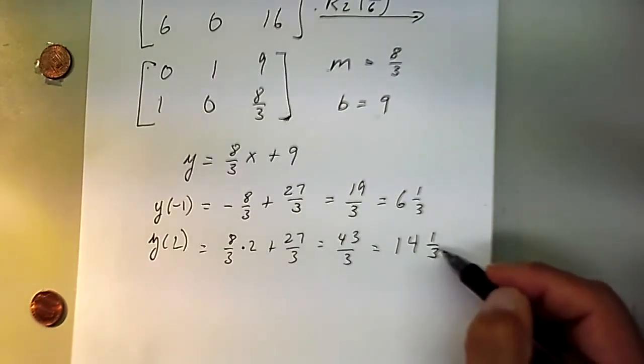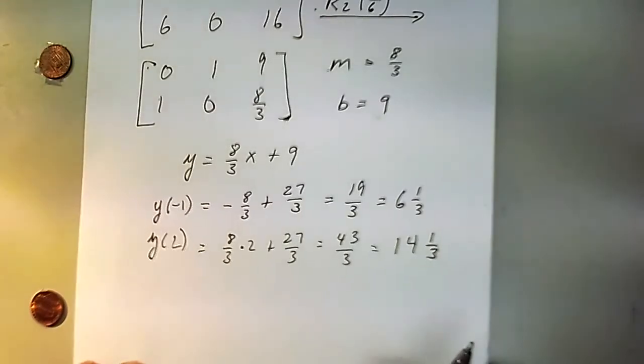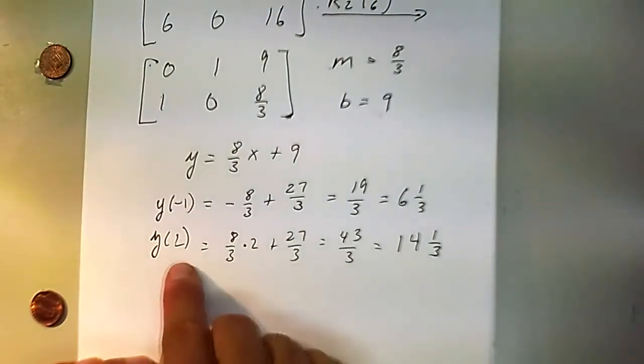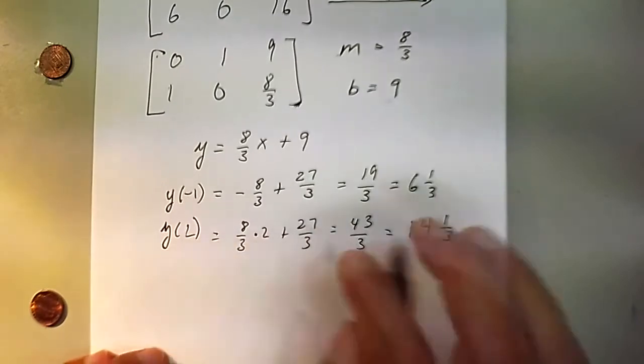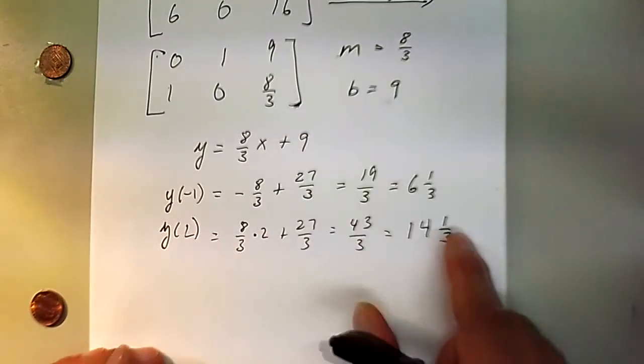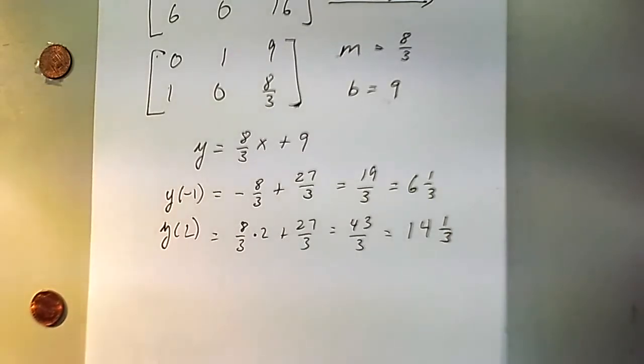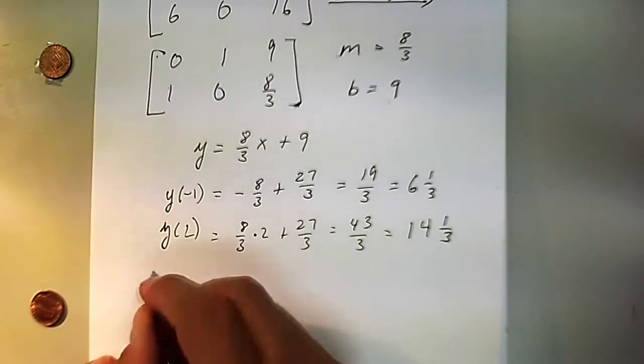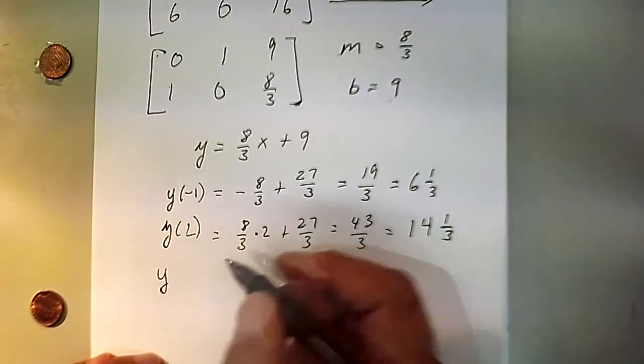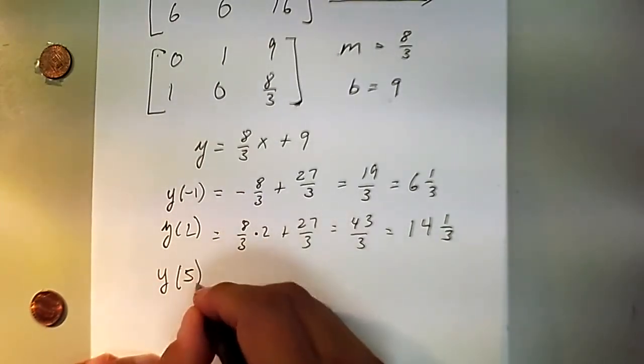It's supposed to be 19. Because remember, the output of 2 is supposed to be 19. We don't get 19, but we are getting a compromise because there's no line that is going to go through all 3 points.